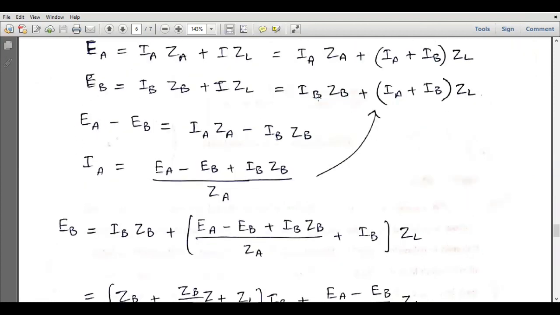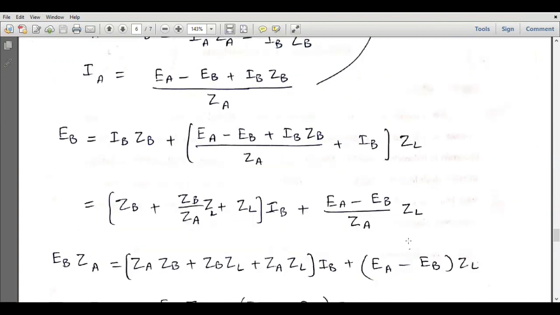So EB will be equal to IBZB plus we will write this expression in place of IA, and this is IB times ZL, and this will become ZB plus ZB divided by ZA into ZL plus ZL times IB.